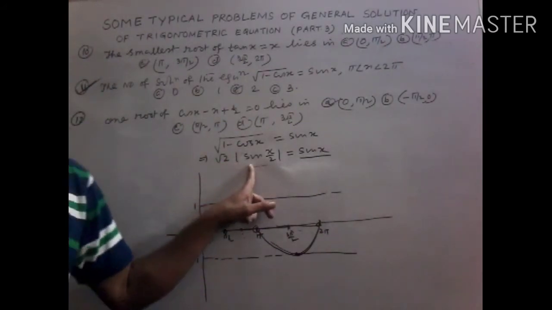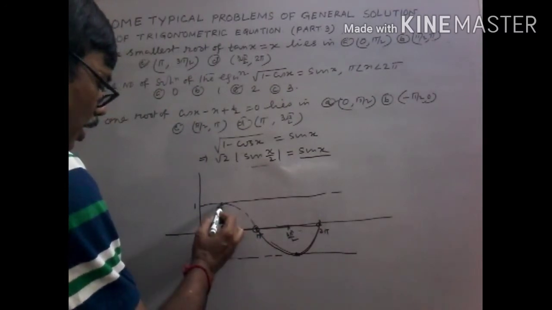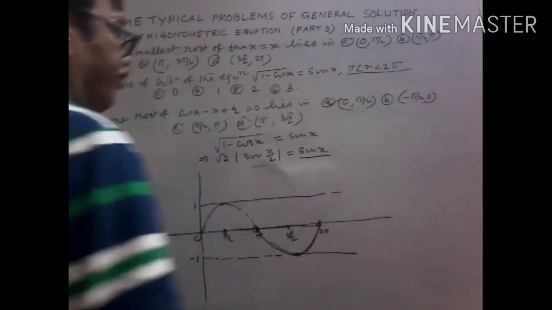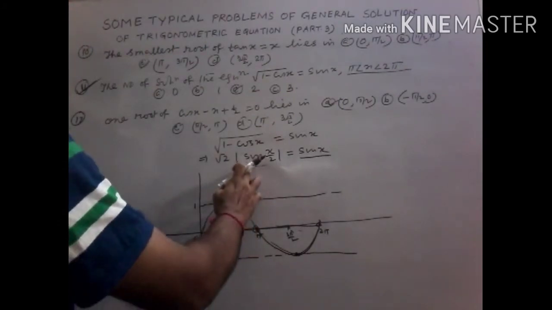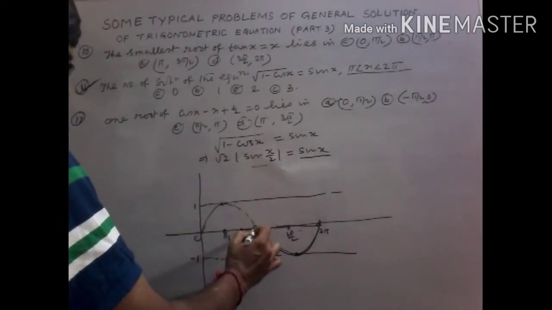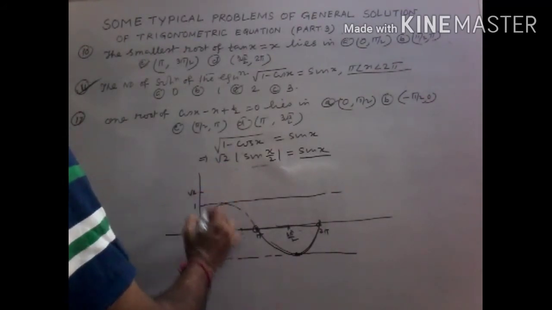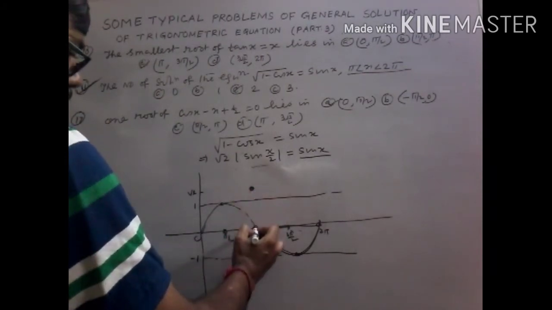Now y equals root 2 mod sin x by 2. Actually this one is the graph of sin x, but we need the portion of this one. So look, at x equals pi, this is sin pi by 2. Sin pi by 2 is 1 and it is multiplied by root 2, so 1.4. So at pi by 2 the value will be like that.